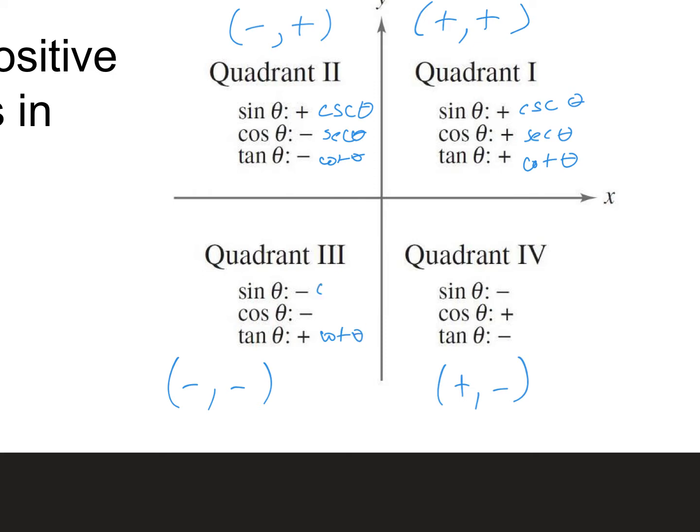The rest of them are going to be negative. All right, and that should make sense because tangent is y over x, right? So a positive divided by a positive is a positive. A negative divided by a negative is a positive. And then in quadrant 4, cosine and secant are positive, and the other stuff is negative.